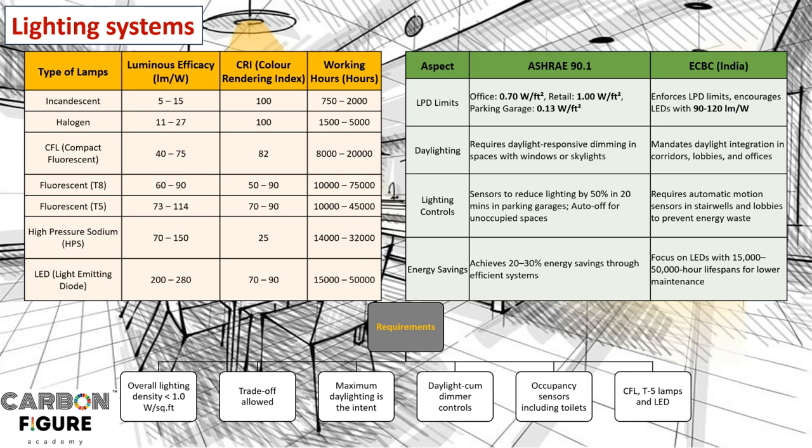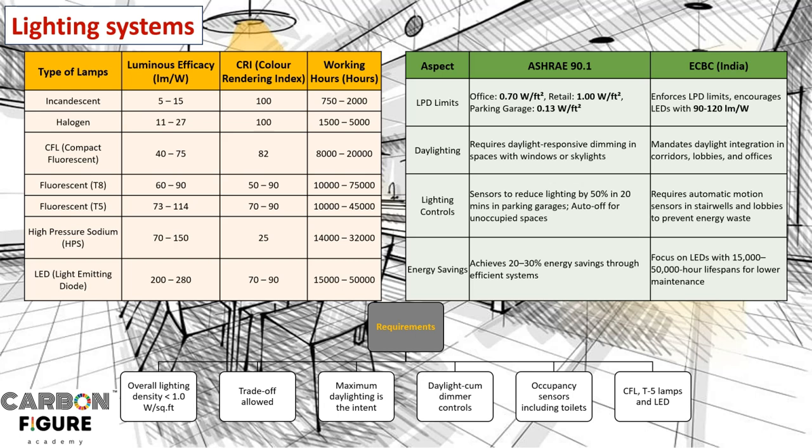In terms of daylighting, ASHRAE requires daylight responsive dimming in spaces with windows or skylights, right? Dimming in the sense, it's a kind of added feature with respect to windows or skylight glass, where you can simply cut off the direct penetration of daylight with the help of some wallpaper or screens or some electric based technologies, right?